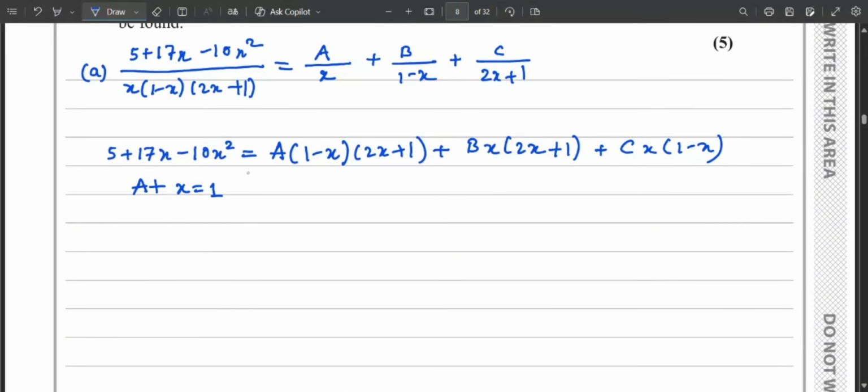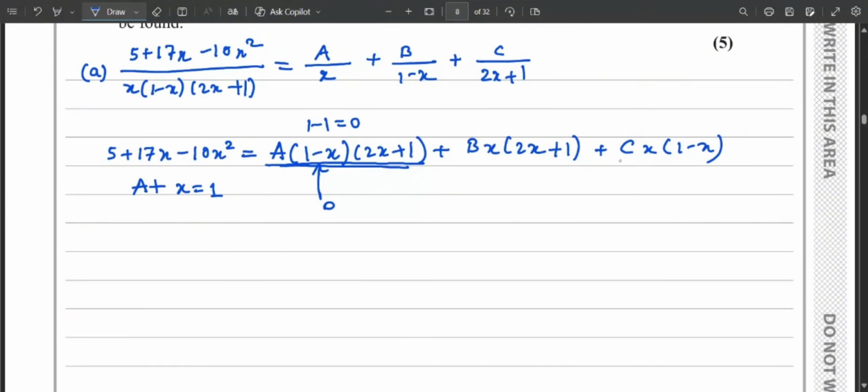If we substitute this value, the 1 minus x term becomes 1 minus 1, which is equal to 0. So these terms become 0. This makes the whole expression vanish.